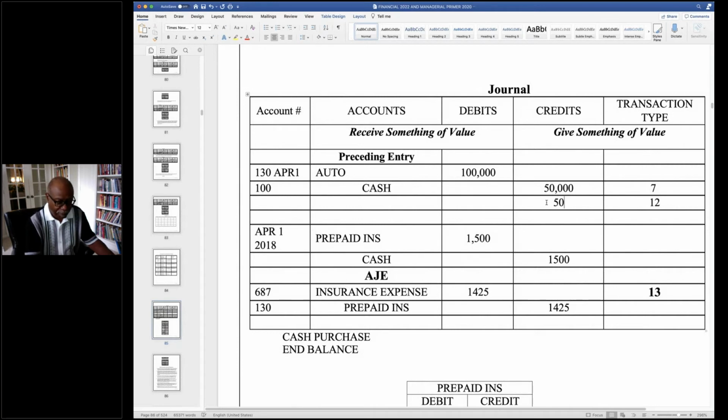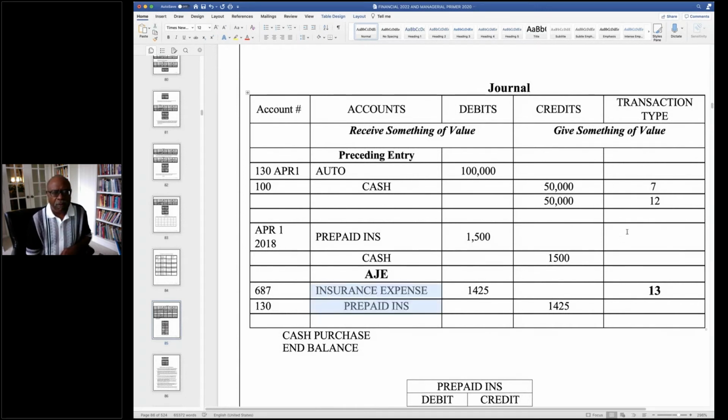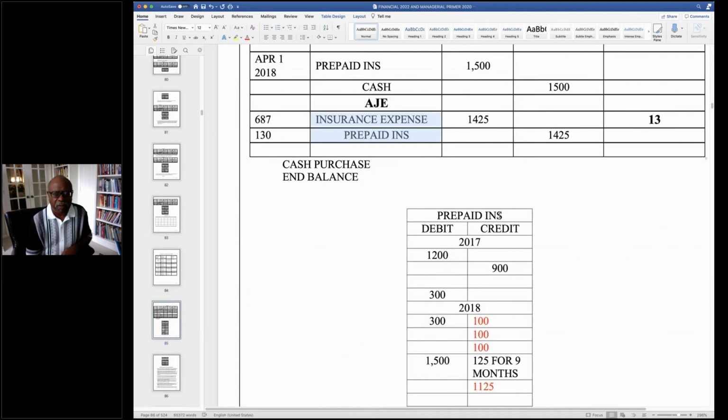And the adjusting entry would be depreciation expense for 25,000 debited. Okay. Before we do that, let's go in here and see if we can put the auto here.